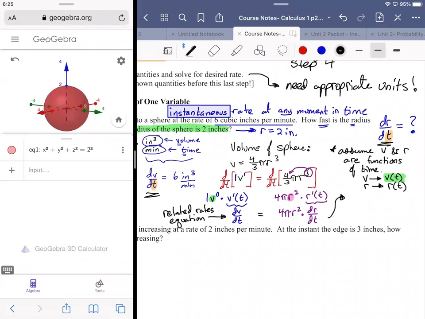Because they told us that dv dt was equal to 6 cubic inches per minute, so 6 equals 4 pi r squared. Sorry, we actually know r. They told us r was 2, times our unknown dr dt.